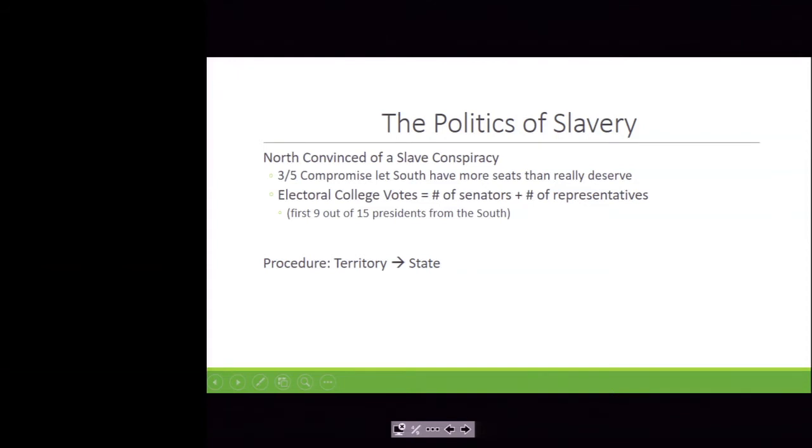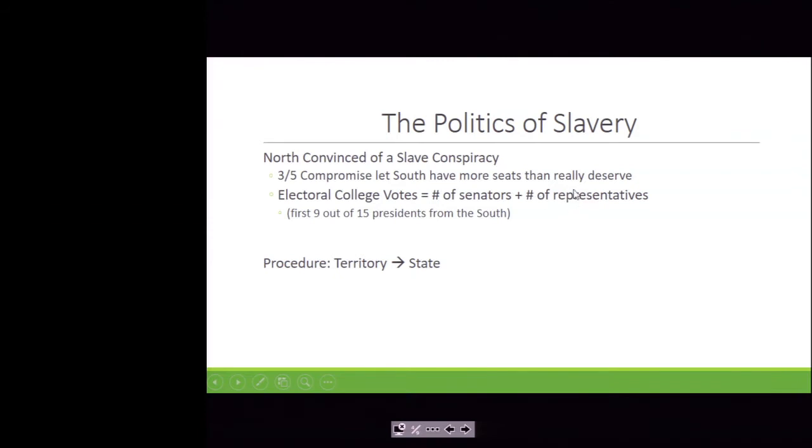The 3/5 compromise also affects the Electoral College, the process by which presidents are elected. Electoral College votes are calculated in this manner: the number of senators, which is the same for everybody, 2, plus the number of representatives in the House.